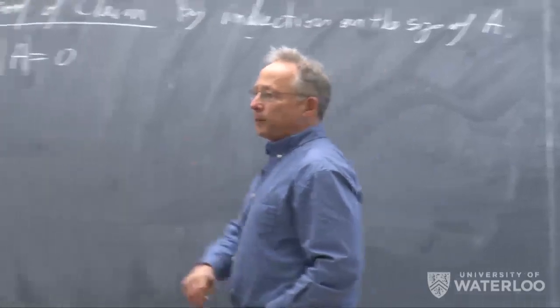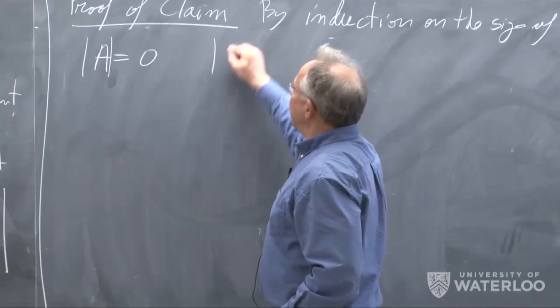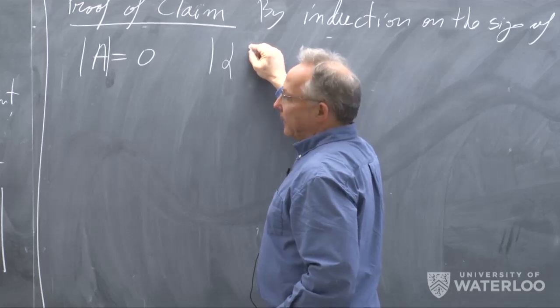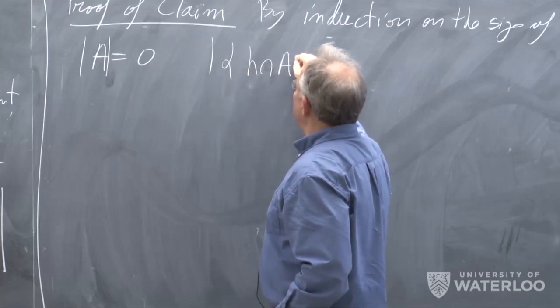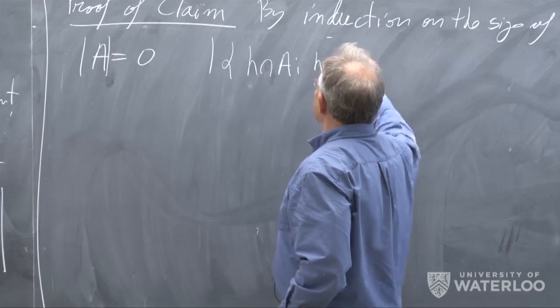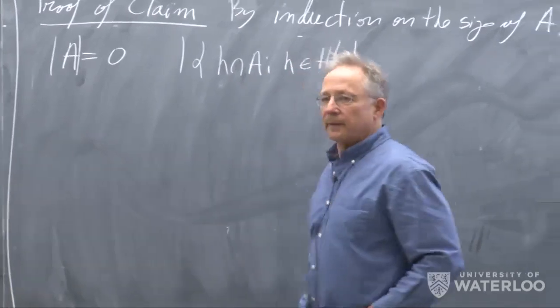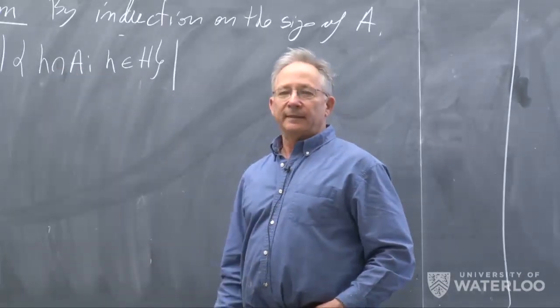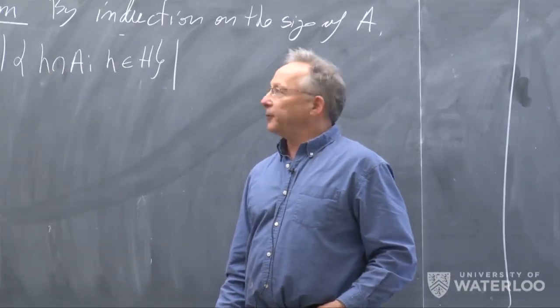So if A equals 0, what is the size of the set of all H intersection A such that H is in H? Say H is not empty. How many subsets of A can I cut if A is empty?